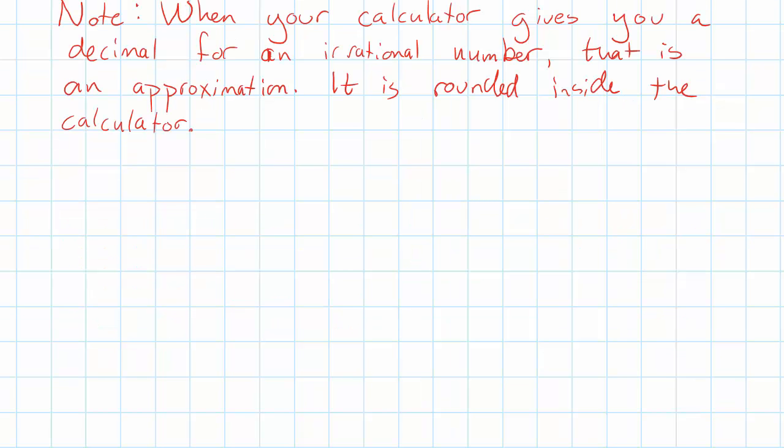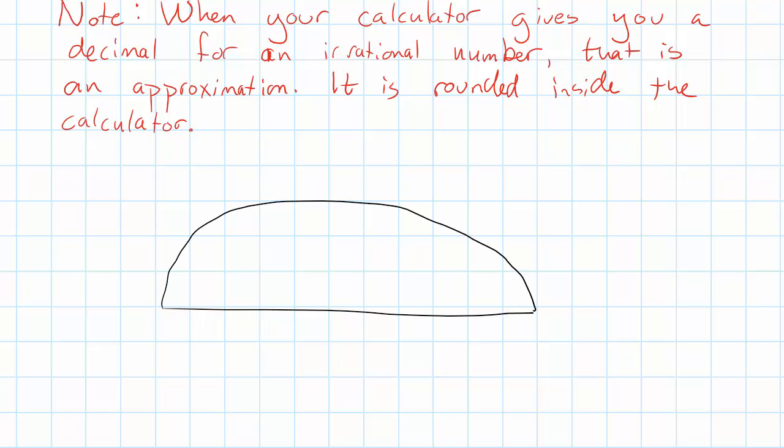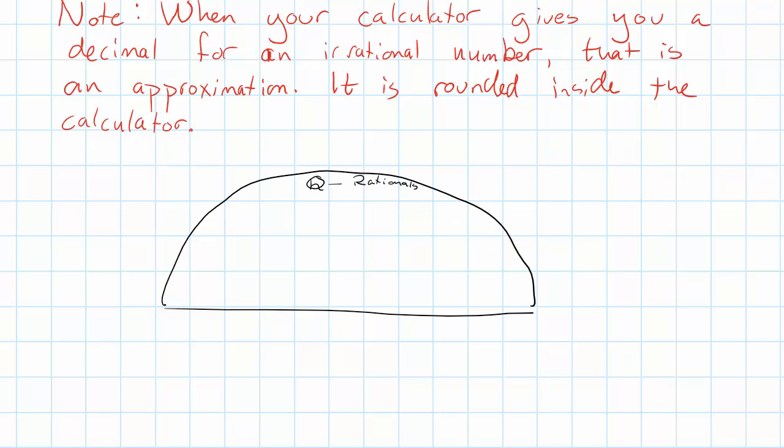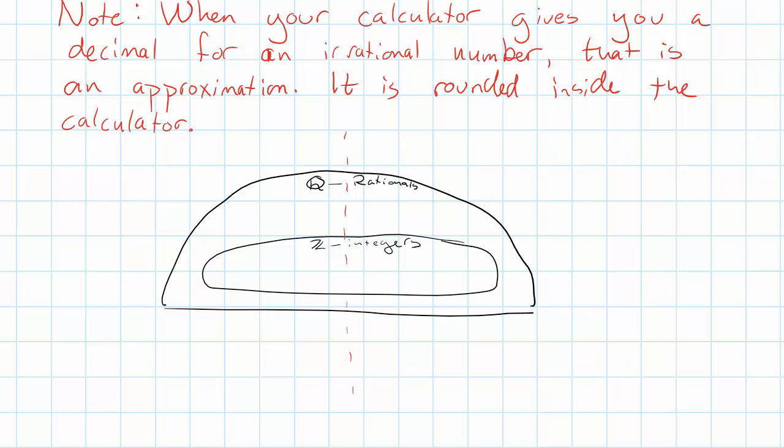Okay, so where do the irrational numbers fall with regards to our number sets? Remember before we had the rational numbers, and inside the rationals we had the integers, and both of those sets were divided into positive and negative, with 0 inside the integers being neither positive nor negative.